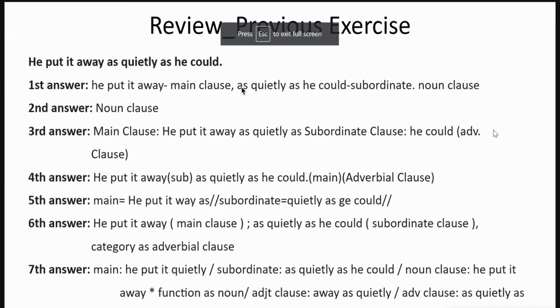Nah, terkait yang ini, memang latihan ini saya lihat di Google Form jawabannya seperti ini untuk yang nomor 1. He put it away as quietly as he could. This is the question. There were 7 students who submitted the exercise and the answers were varied. Yang pertama ada he put it away as main clause, as quietly as he could as subordinate, and but this one is noun clause.